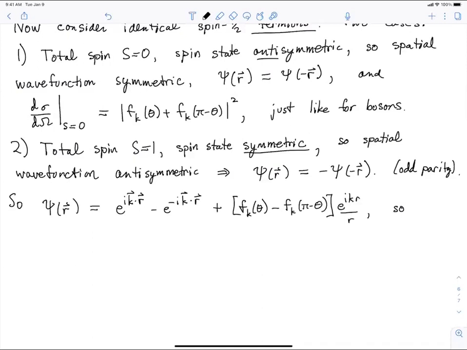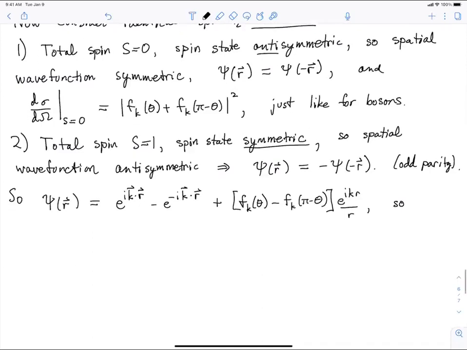Okay, and now I know what to do. I just take that scattering amplitude part and square it to get the differential cross section. So d sigma by d omega, this is in the spin 1 combination, is |f_k of theta minus f_k of pi minus theta| squared.